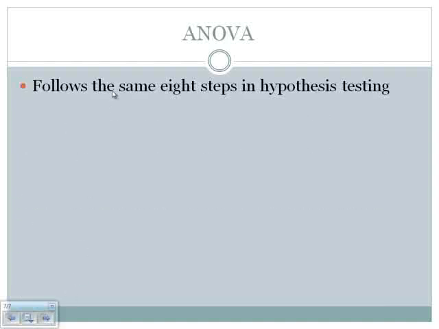The good news is, if you continue your graduate work and take some more statistics courses, it follows the same steps that we've been working with. And so our null hypothesis, for example, is mu1 equals mu2 equals mu3 equals mu4.